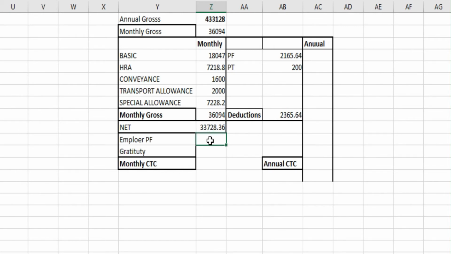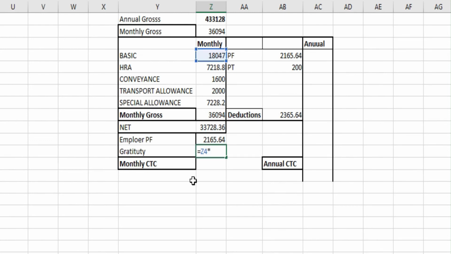Employer PF is nothing but 12% on basic. Gratuity is also calculated on basic.